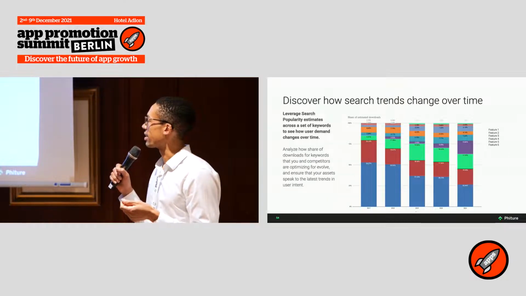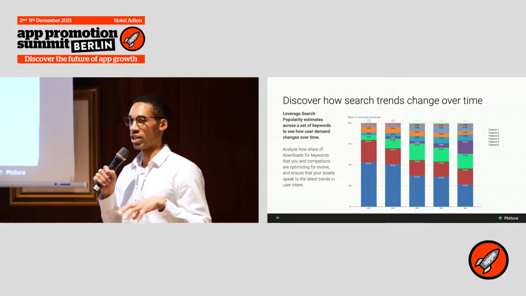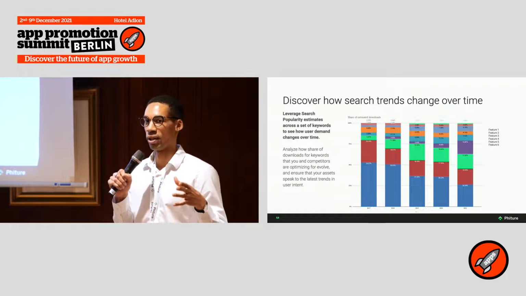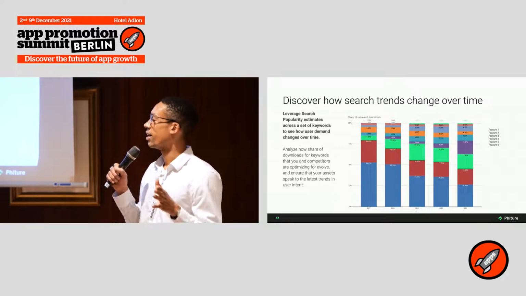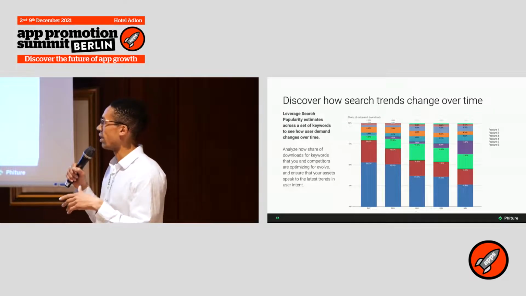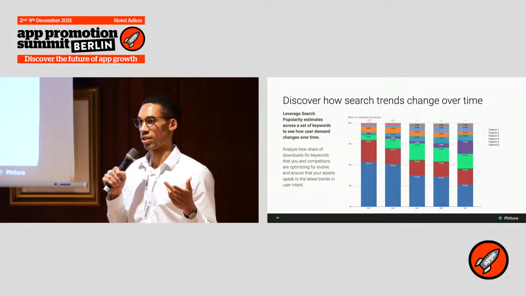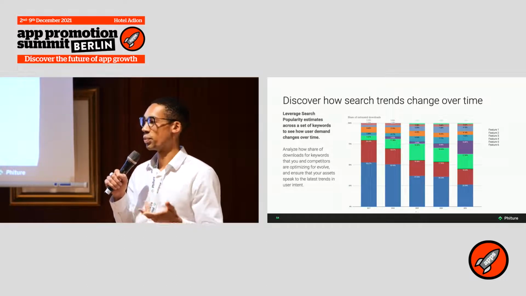Another one is to look at how search trends and user demand are changing over time. Remember that search popularity is not static. It's going to change by month, by year, and so tracking this over time is important. Additionally, the keywords that people are searching change over time, and competitor apps are always popping up. New features are being released.